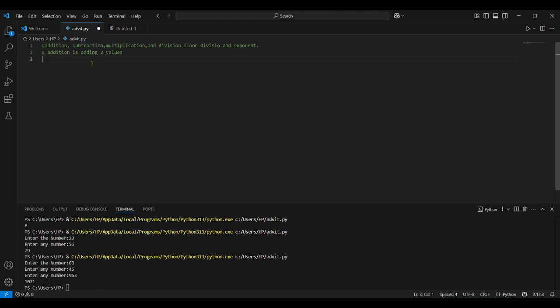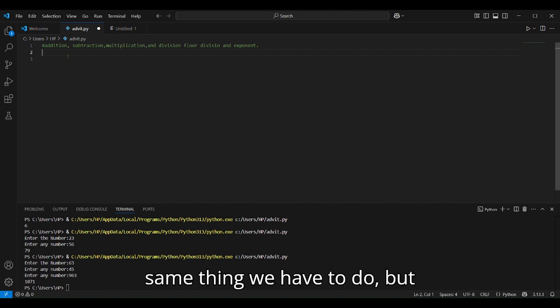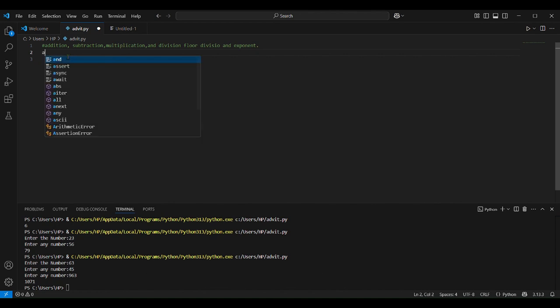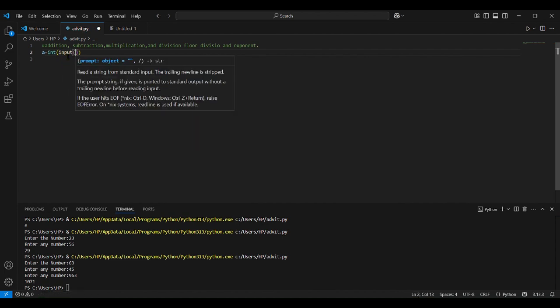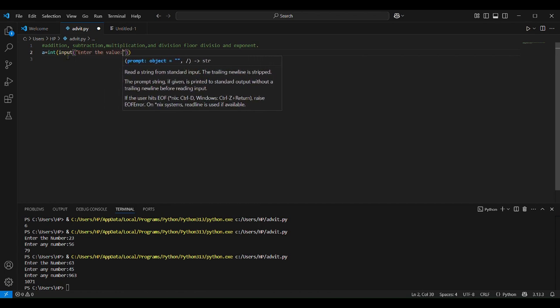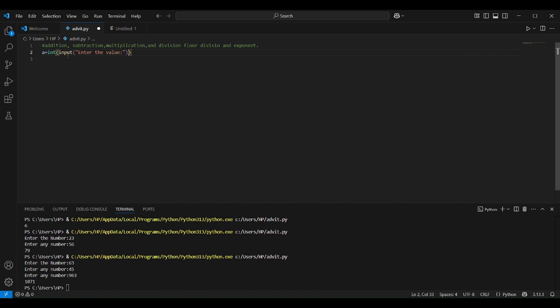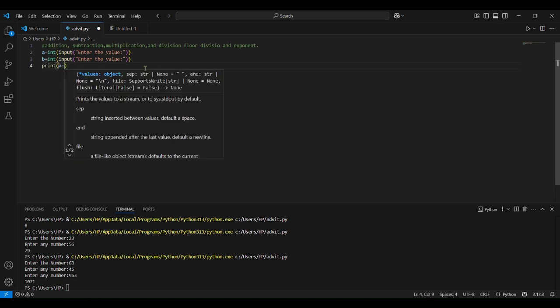Subtraction. The same thing we have to do, but I'm writing again a equals int input, and the value, and here is the variable b, and then a minus b.